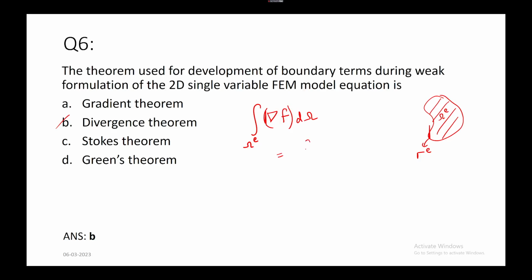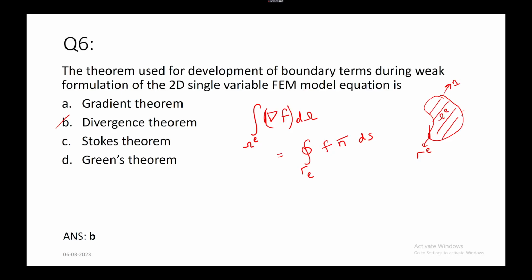This will be equal to the surface integral of the function, multiplied with the unit normal vector. The normal will be normal to the surface at every point, and we multiply it with the function and integrate over the surface.